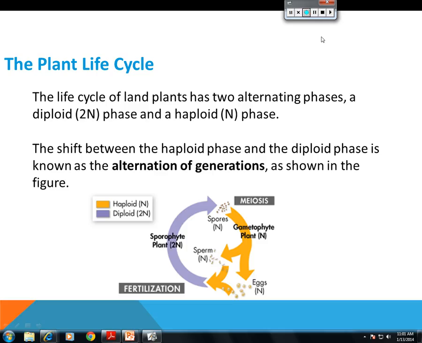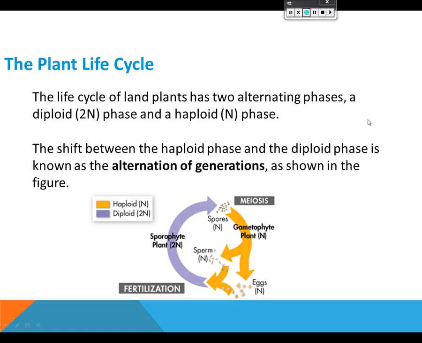But this alternation of generations, where the gametophyte, after fertilization, produces a sporophyte, and a sporophyte, after meiosis, produces a gametophyte, continues to cycle over and over again.